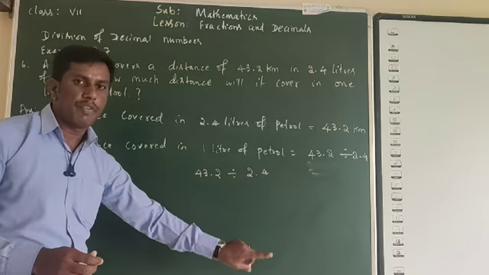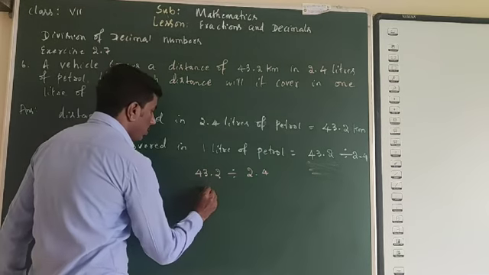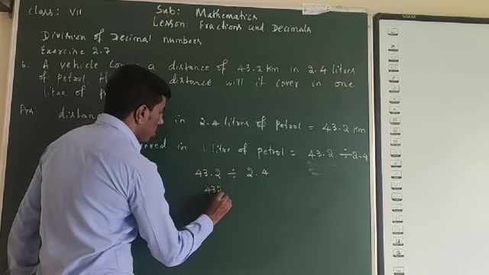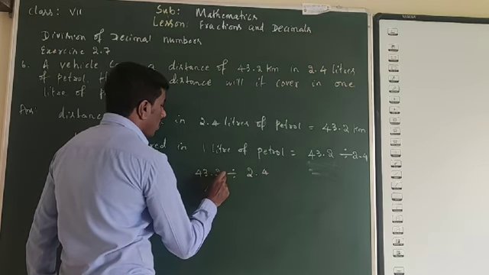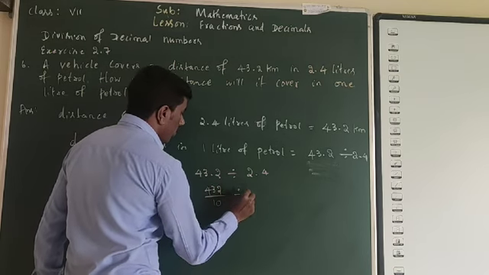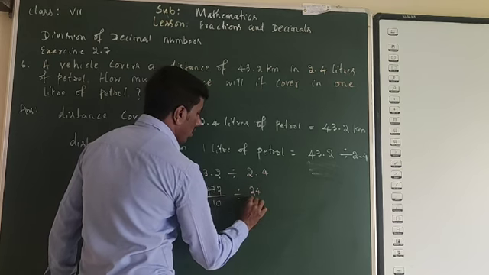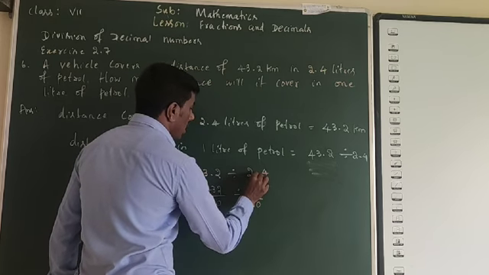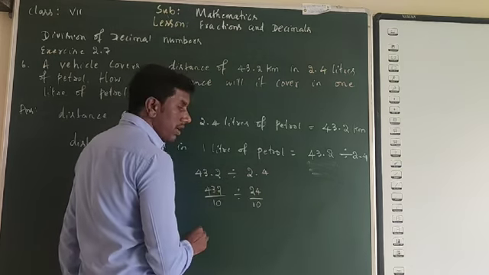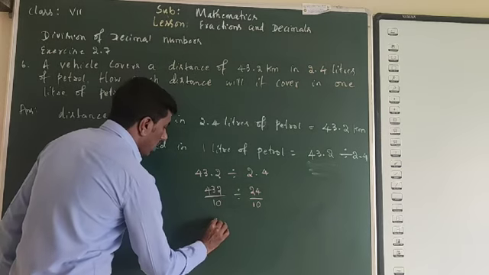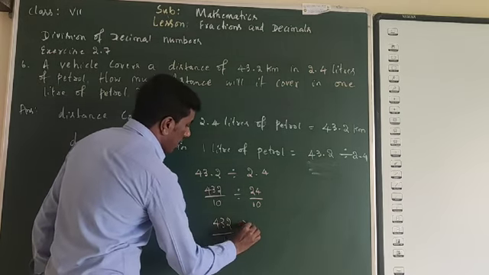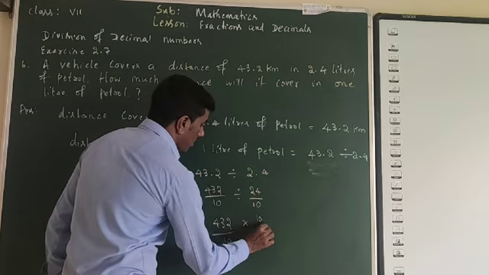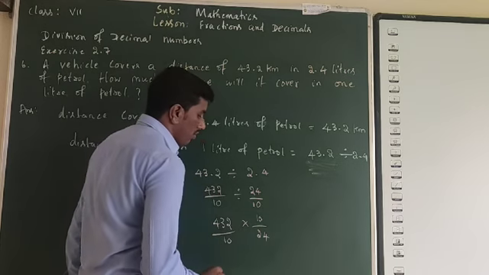So 43.2 will be written as 432 divided by 10 because I need to shift only one place. Similarly 24 divided by 10. Now we will convert into a multiplication operation, so it will become 10 by 24.